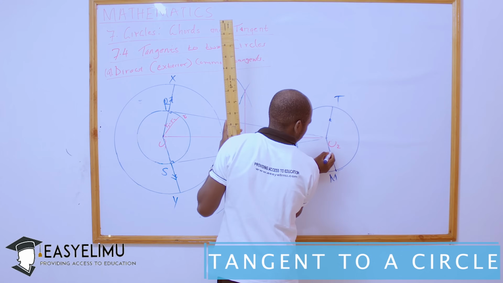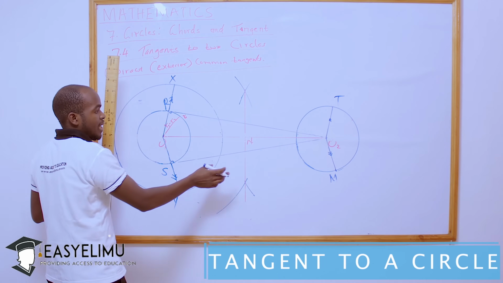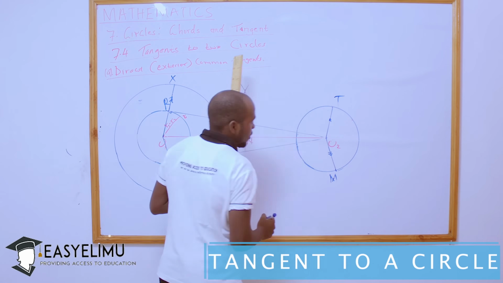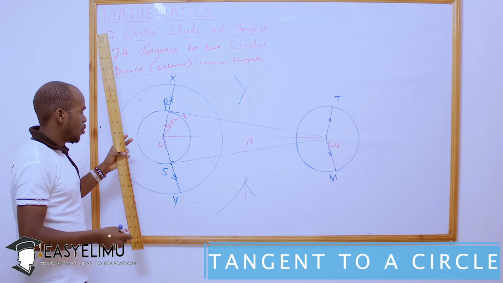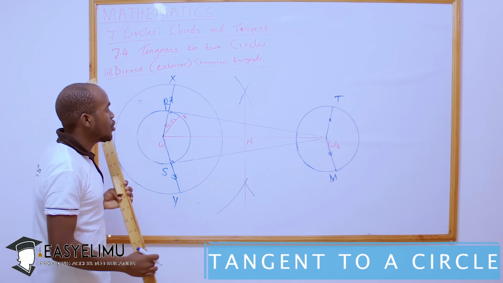You join that way. You will find that line O2M is parallel to line O1SY. They are parallel.